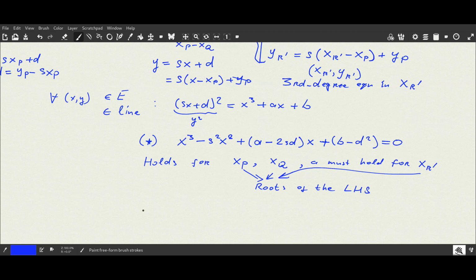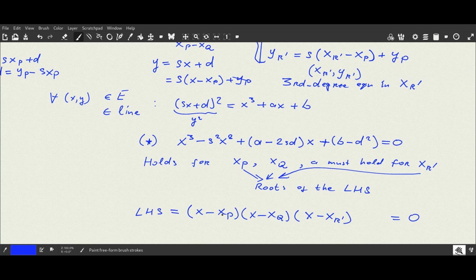But if we know that these are 3 roots of a cubic polynomial in the left-hand side, then the left-hand side can also be represented as a product of x minus xp, x minus xq, x minus xr prime. And that should be equal to 0, identically.